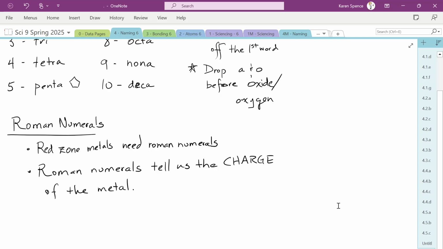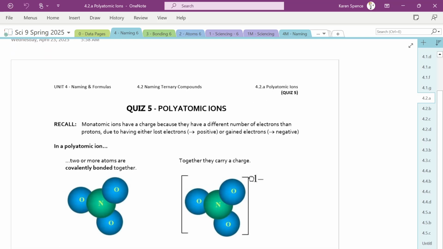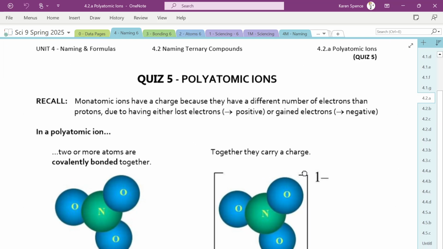We want to be on page 33. Now, we're not going to go through all of this today, but we're just going to go through it enough to give you a flavor.